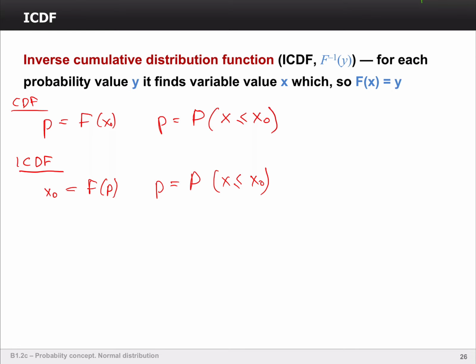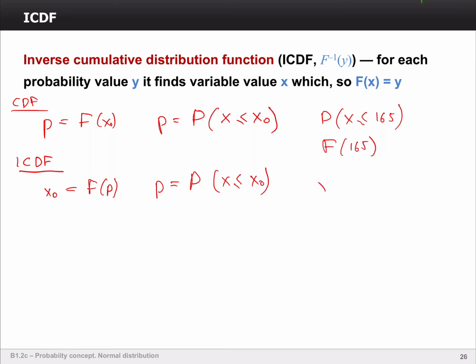For example, you have some theoretical distribution that describes your data well. Let's talk about the height of people. You want to find out how many people have a height below or equal to 165 centimeters, okay? That's exactly what the CDF does. You can just take F of 165 and get the answer, okay? Imagine that now you want to do the opposite.